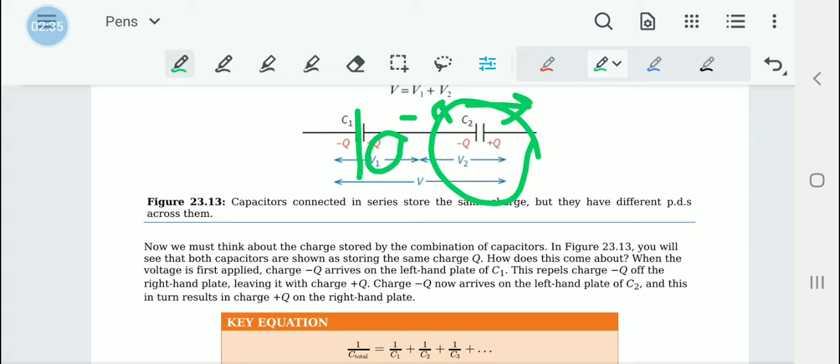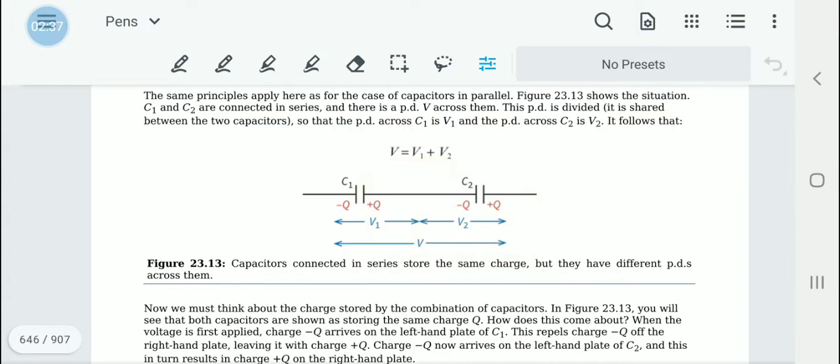Let me explain this again if you did not understand. Let's say a charge of negative Q reaches this point. Then this plate of C1 will become negative Q charged. You know that the two plates are equally charged, so negative Q means this will become positive Q charge.